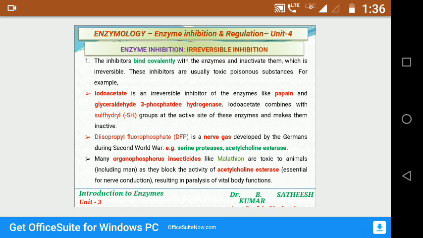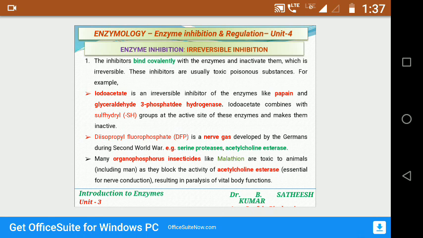Another important example of irreversible inhibition is DFP, diisopropyl fluorophosphate. This is also called nerve gas, which was developed by Germans during the Second World War. They developed a gas-like substance, diisopropyl fluorophosphate, which is used as an irreversible inhibitor.